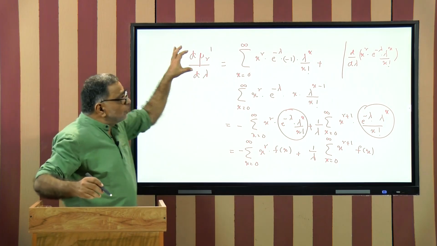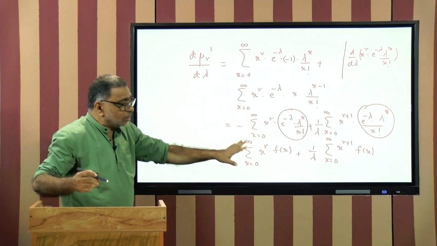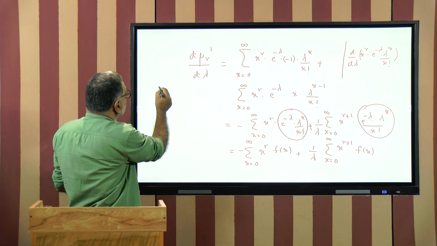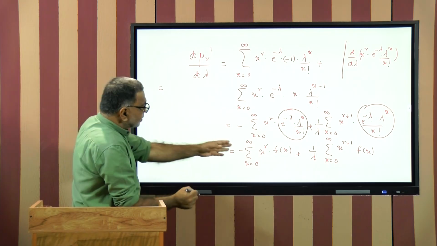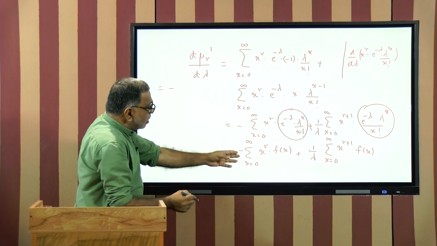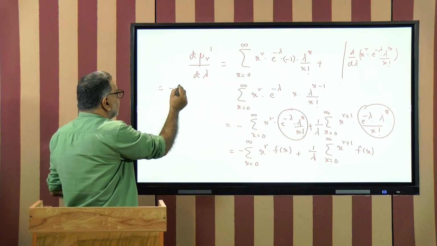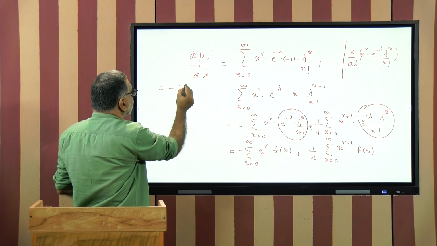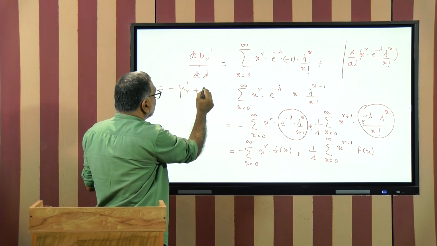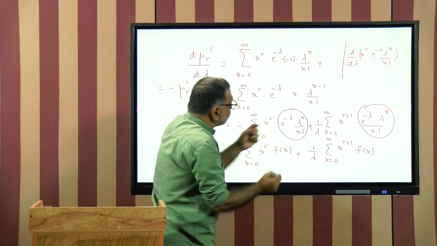So, we started from the derivative of μ_r' with respect to λ and we obtained the expression like this. See the first expression, that is minus sigma over x = 0 to infinity x^r f(x), is nothing but our μ_r', plus 1 by λ, this is our μ_(r+1)'.